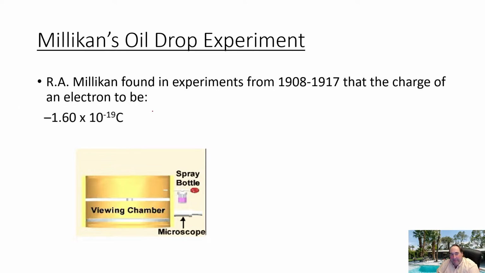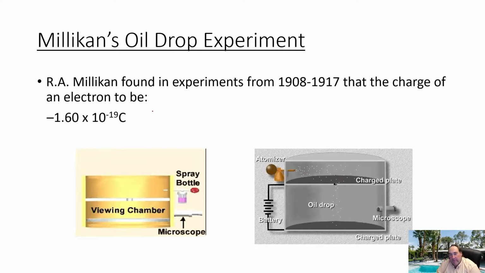The next big experiment was done by Millikan, and Millikan did the oil drop experiment. Much like the name implies, he took oil and atomized it into little droplets. There was a little hole in this chamber, and the oil drop would fall and gain a charge as it's falling.